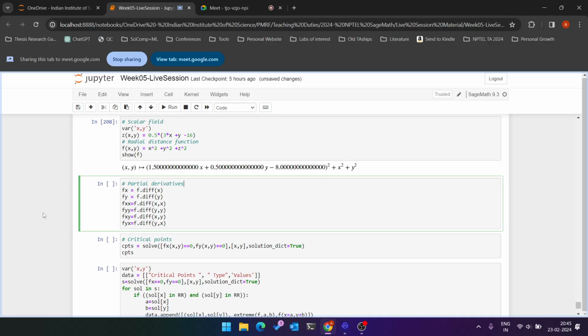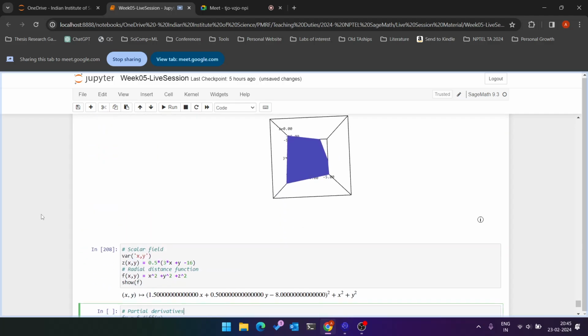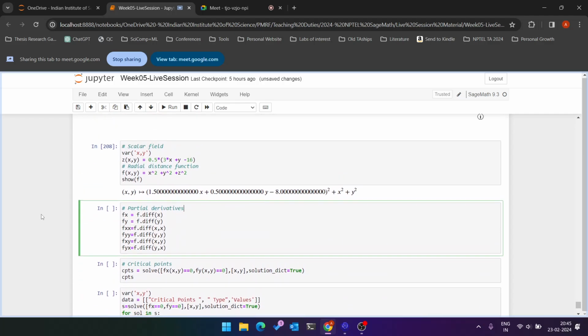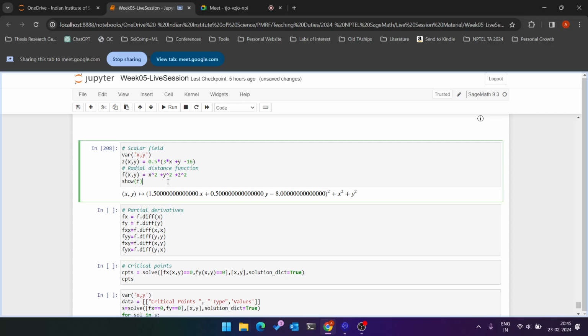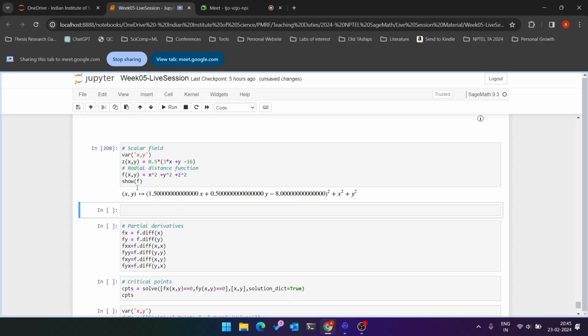Now if I want to see this, what I could do is a plot function. So Plot3D of f, with x going from minus 10 to 10 and y going from minus 10 to 10.